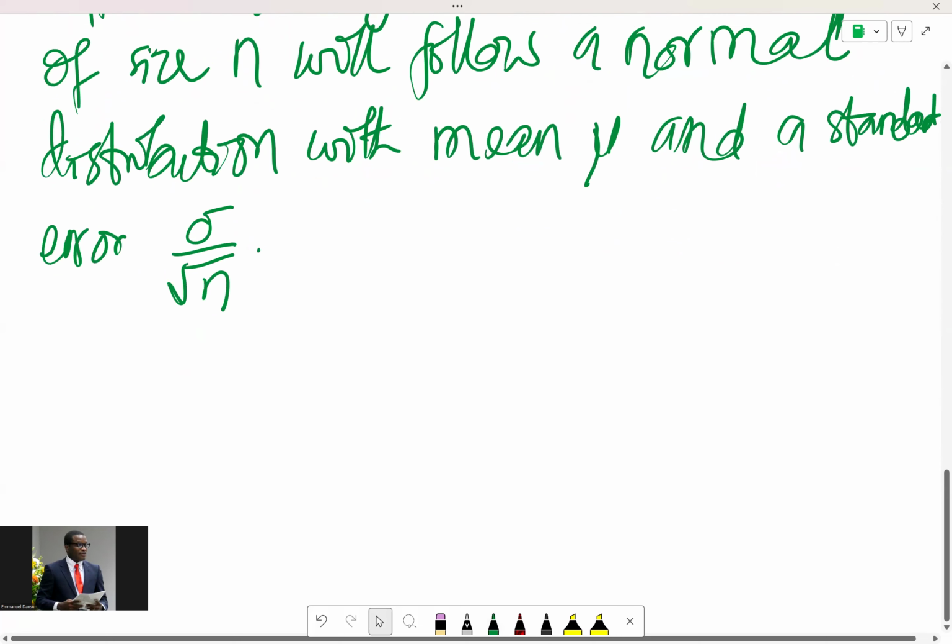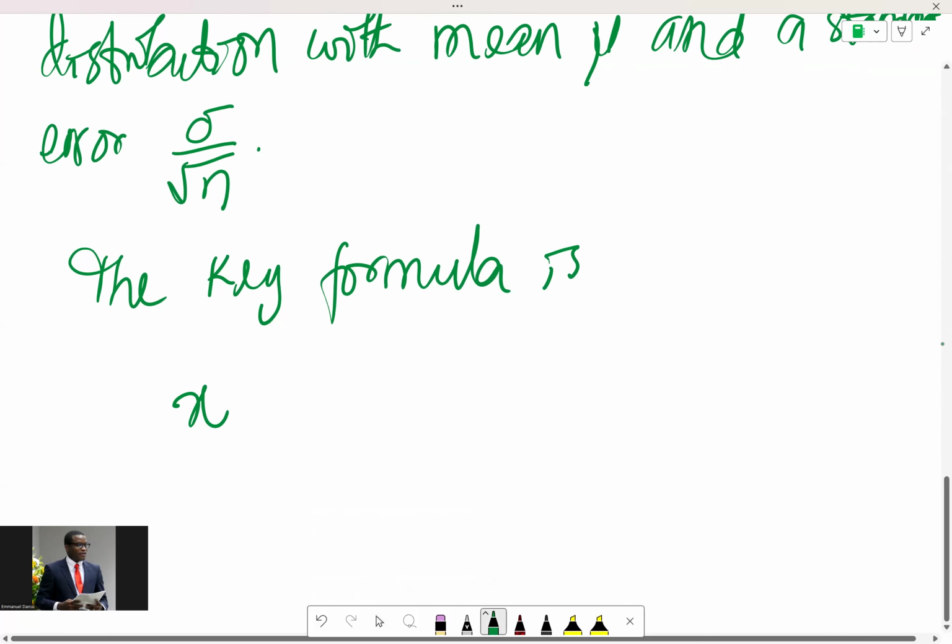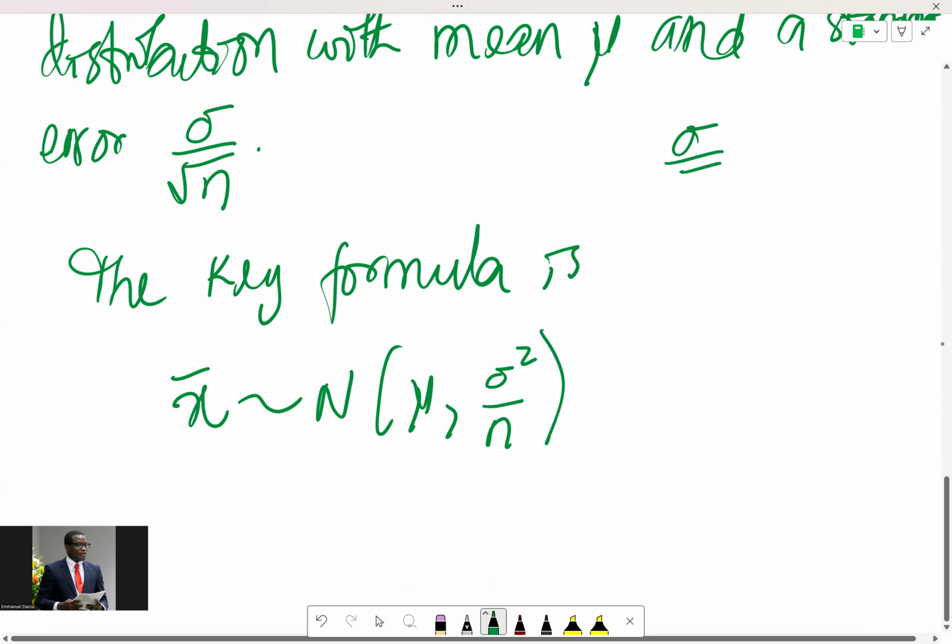So the key formula is that X bar is normally distributed with mean mu and variance sigma squared over n. Sigma squared over n comes from squaring the standard error: sigma over root n, squared, is sigma squared over n.